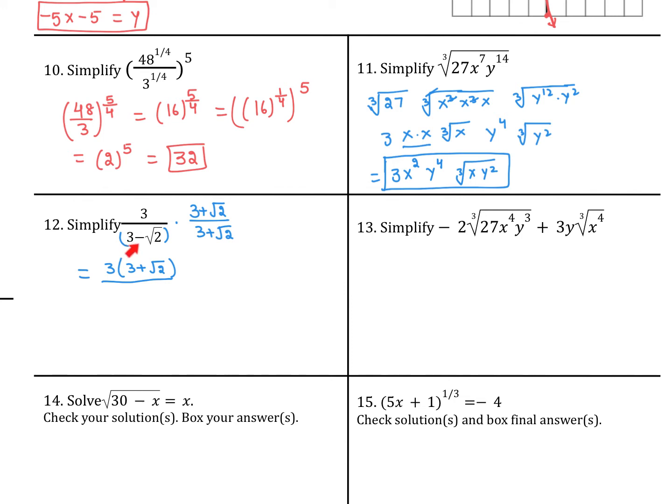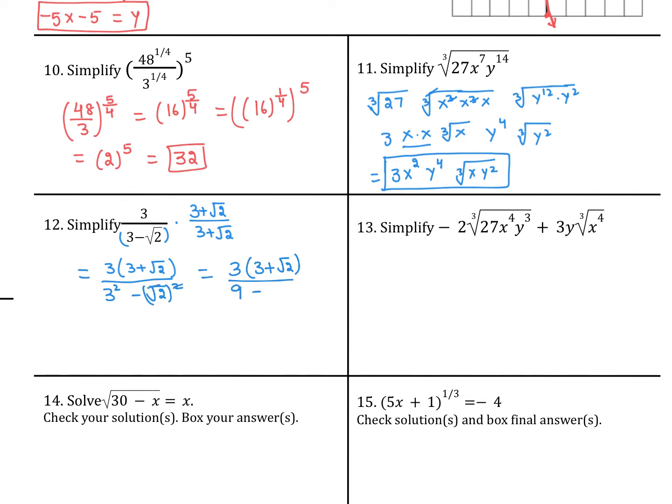So we're going to apply a minus b times a plus b. So a minus b times a plus b is a squared minus b squared. So that's going to be 3 squared minus square root 2 squared. 3 times 3 plus square root 2. 3 squared is 9.